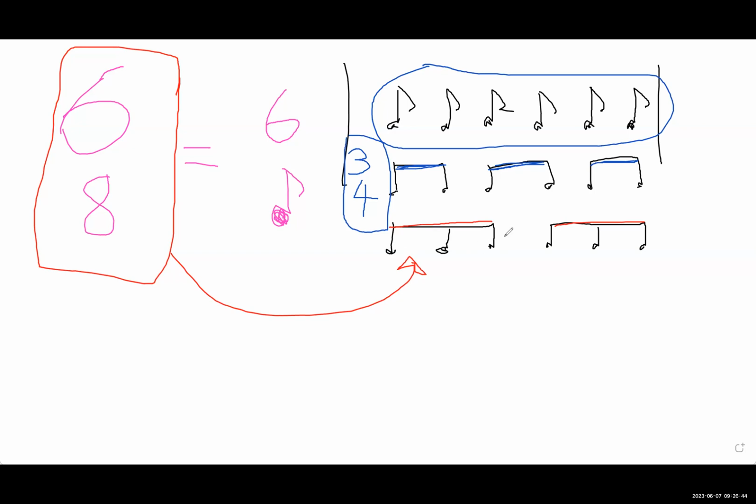Can you compare 6/8? One, two, three, four, five, six. One, two, three, four, five, six.